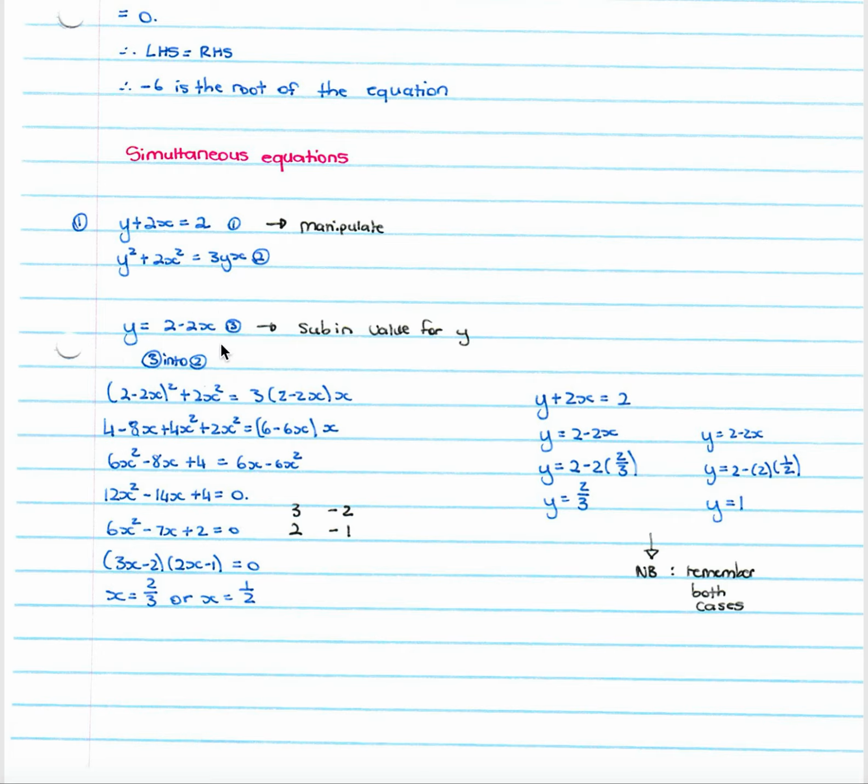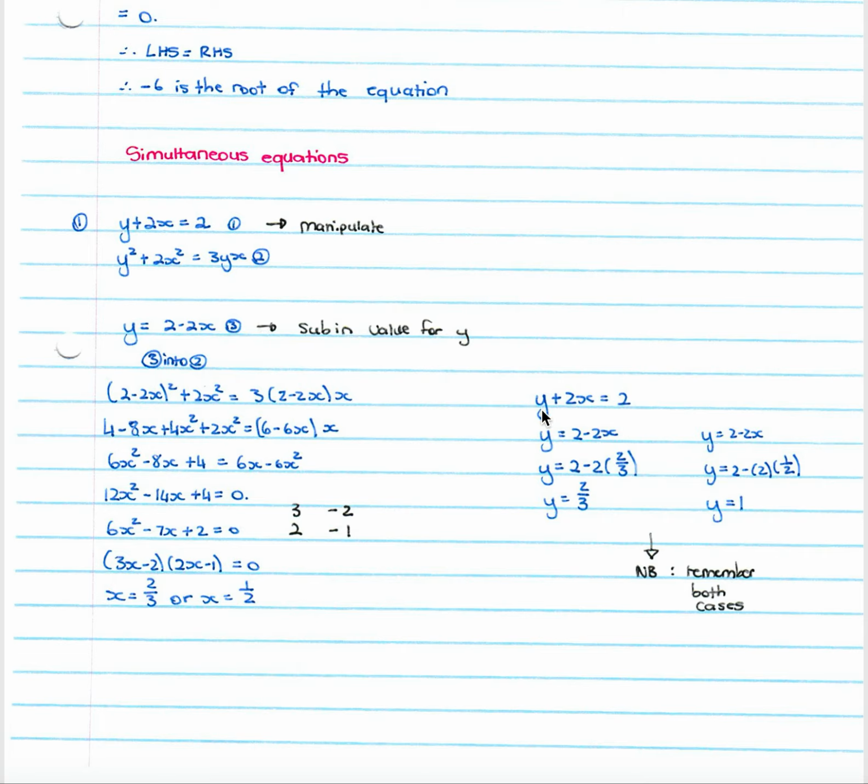Once we have got this, we sub in the value for y into the second equation. We come out with x equals these two values. Once we've got these two values, we then sub them back into our first equation in which we solve for y.